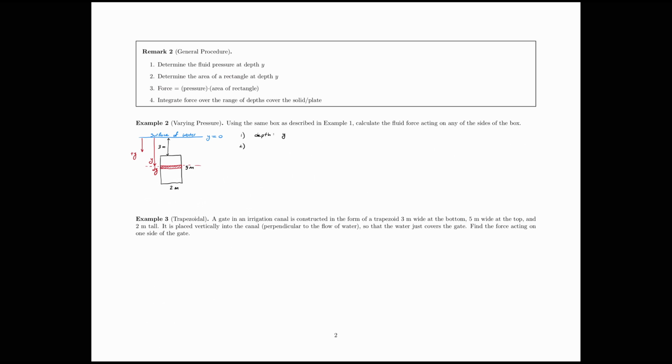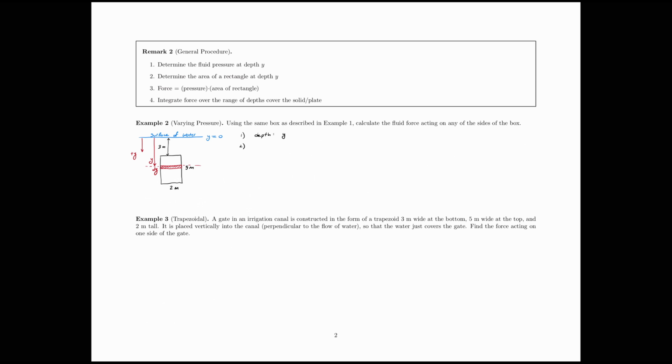Because physically, that is the whole idea behind the problem. Break up your larger area into lots of little rectangles that are parallel to the surface of the water. Why would you do it that way? Well, because the rectangle is parallel to the surface of the water, that means the fluid pressure acting on that thin horizontal strip is constant.